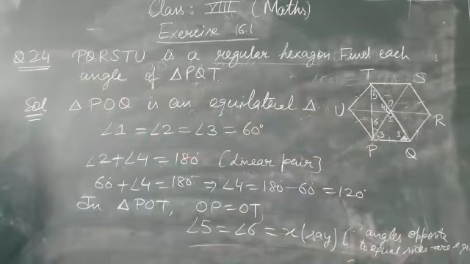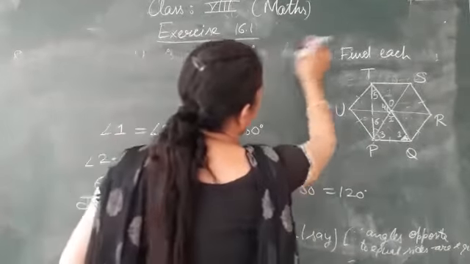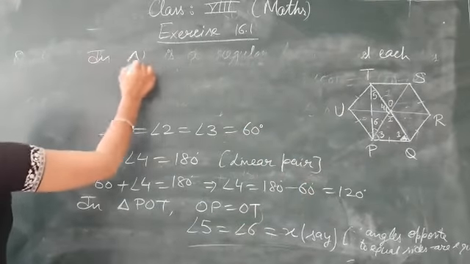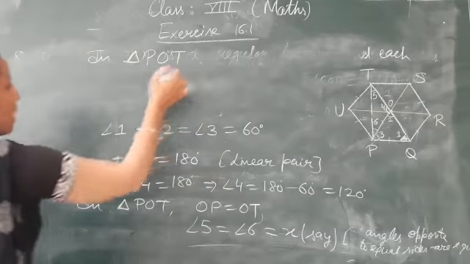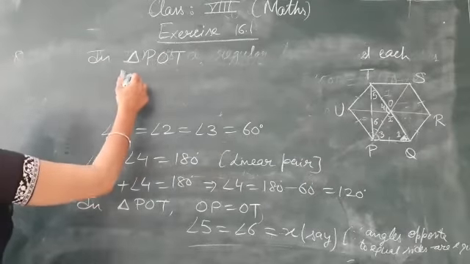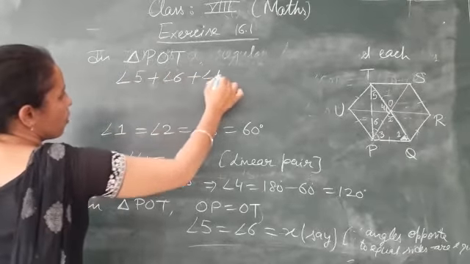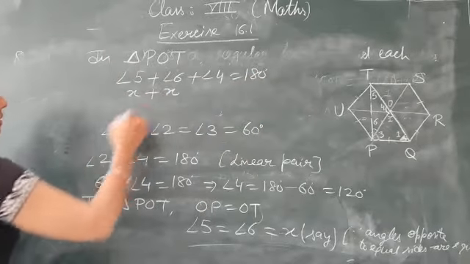Then take this triangle. Then in triangle POT, by angle sum property we can write angle 5 plus 6 plus 4 is equal to 180 degrees. Angle 5 we have taken as x, 6 also x.